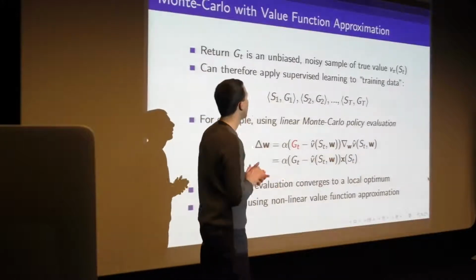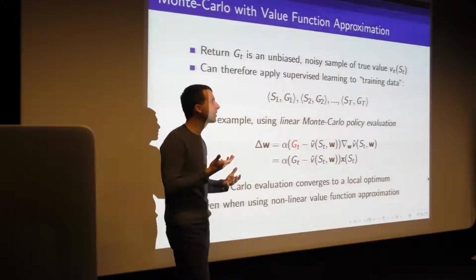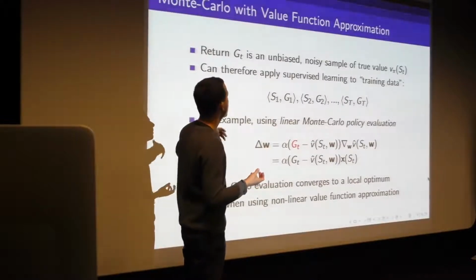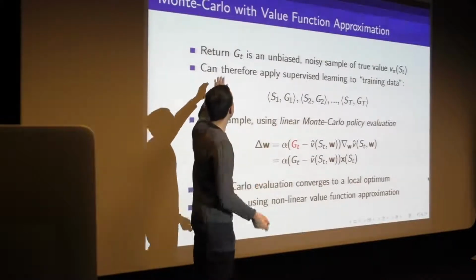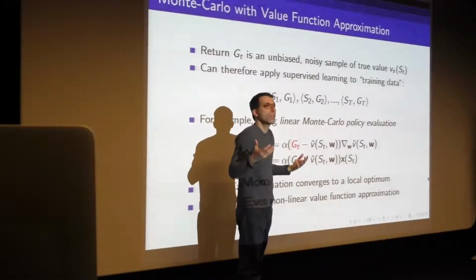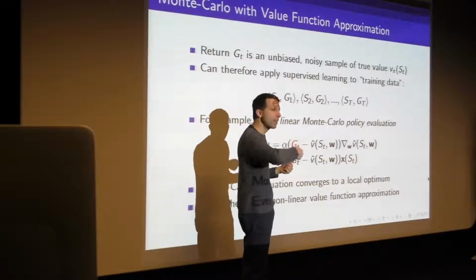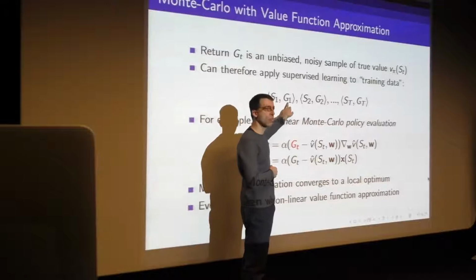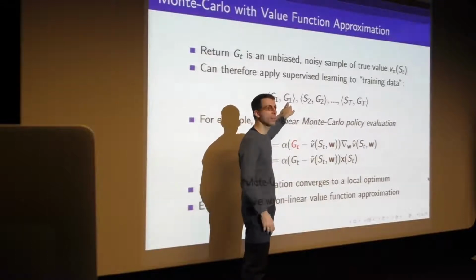So what's this look like? We can think of this as a process that looks a lot like supervised learning. When we do Monte Carlo learning, we're basically going to use the return, and we're going to build some training data. Think of this as building training data, but we're doing this kind of incrementally. Like we first of all see state S1, and we run a trajectory from it, and we see that we got a return of G1.